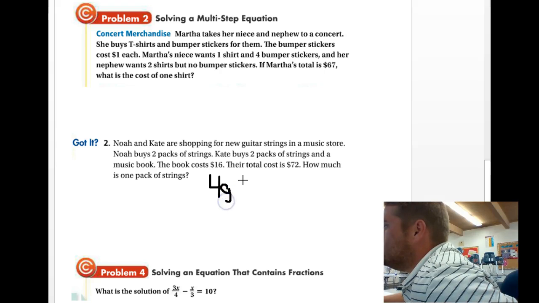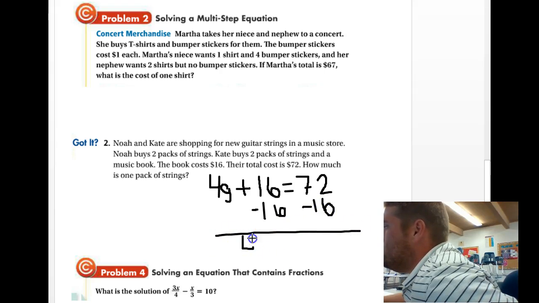4G plus 16 equals 72. Minus 16, 4G equals 56.